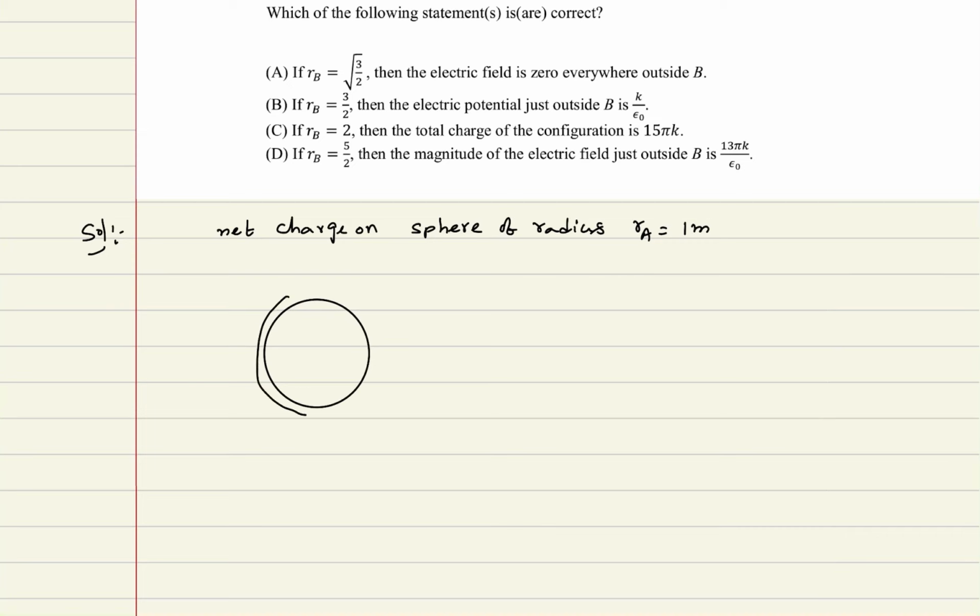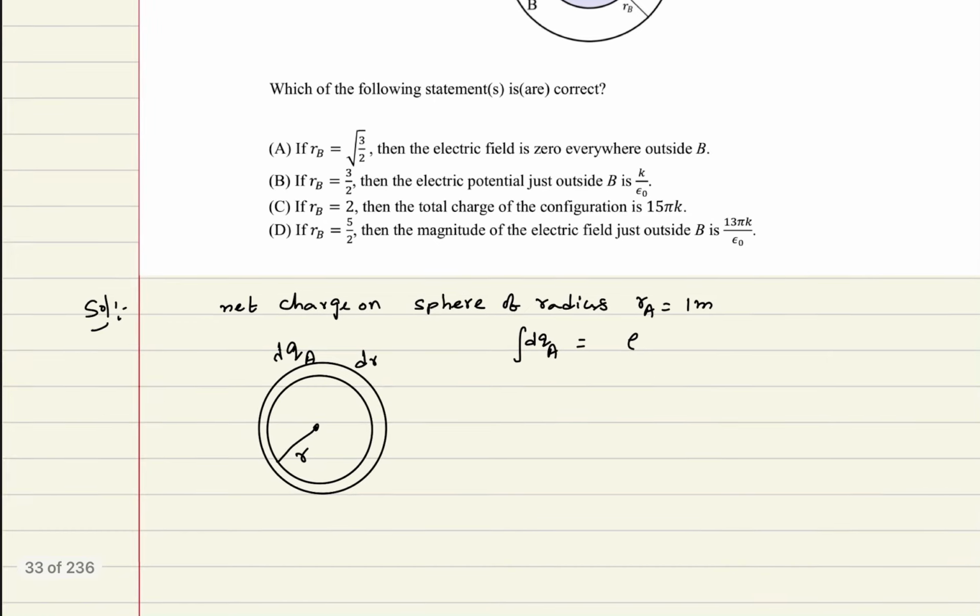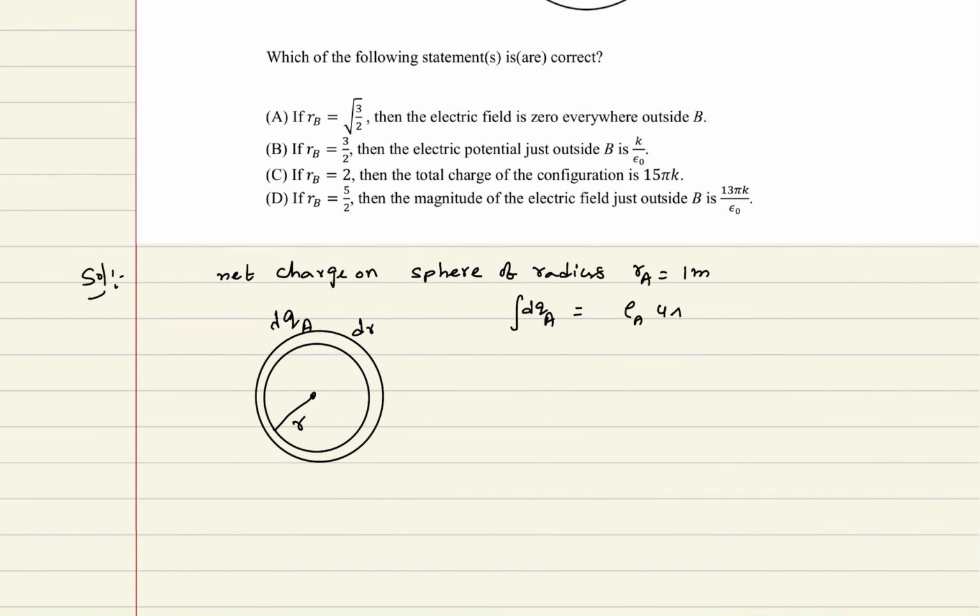Now take any small elemental region at radius r with thickness dr, with charge dq. I am calculating dq_A on body A: dq_A is equal to rho_A into 4 pi r square into dr, with limits 0 to R_A.